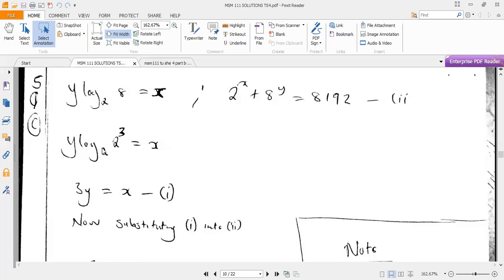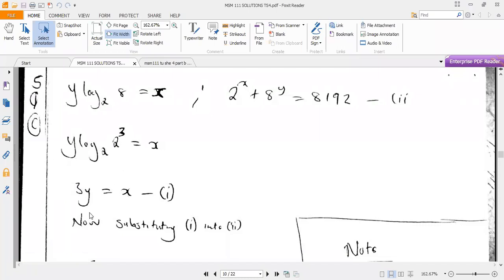Using the identity log base a of a is just 1, when the base and the argument are the same, the log is equal to 1. The 3 drops in front, so 3y is equal to x. This will be our equation 1.